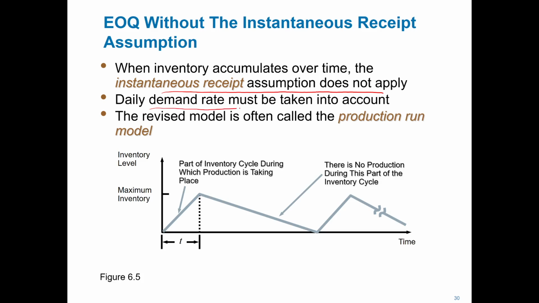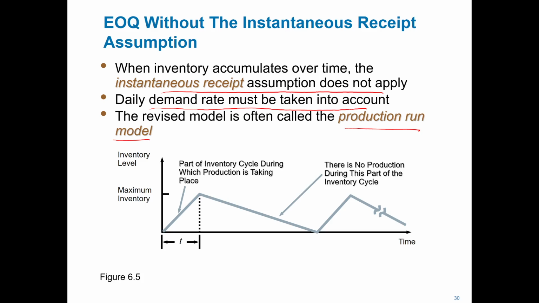The daily demand rate must be taken into account, because at the same time when we are building the inventory, the demand is also there. So the demand is also met. The revised model is often called the production run model.